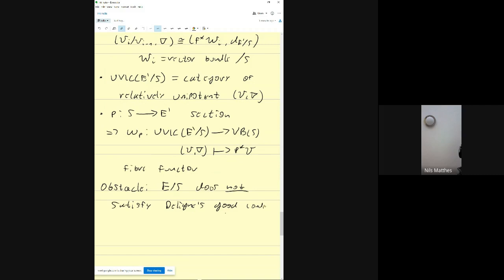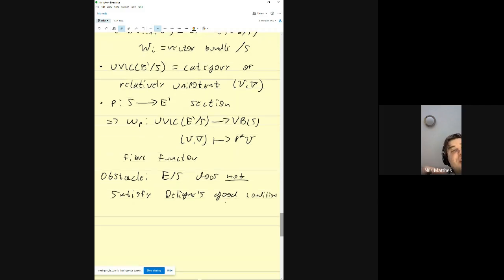Because for curves, one of Deligne's good conditions is that the curve have genus 0, and an elliptic curve just does not have genus 0. So more precisely, the problem is that the relative first cohomology does not vanish. It's equal to OS.